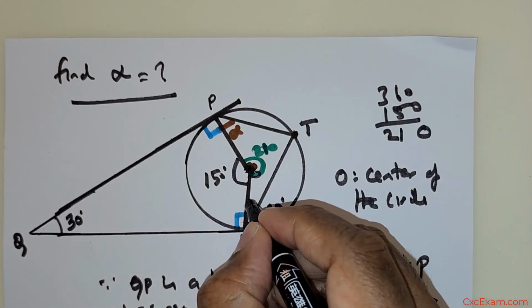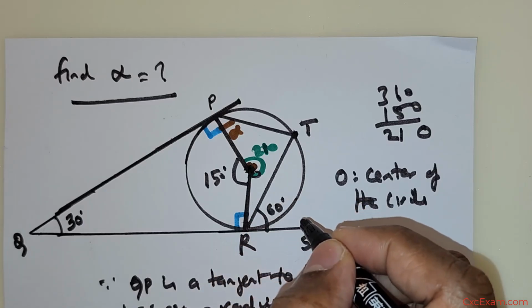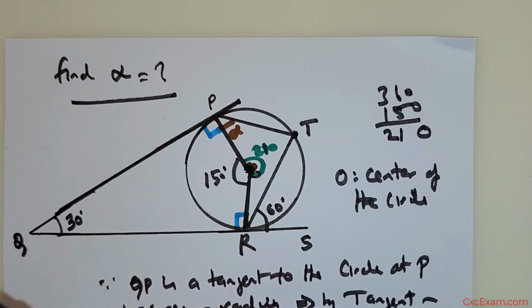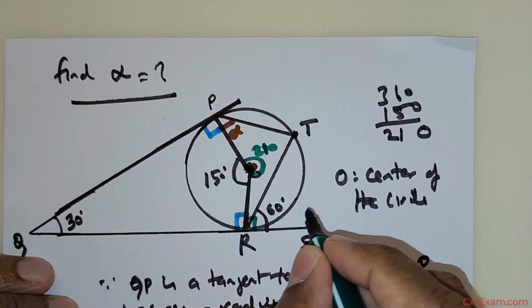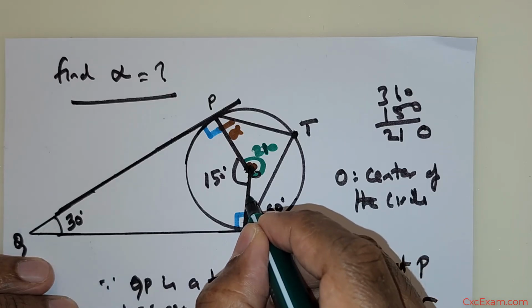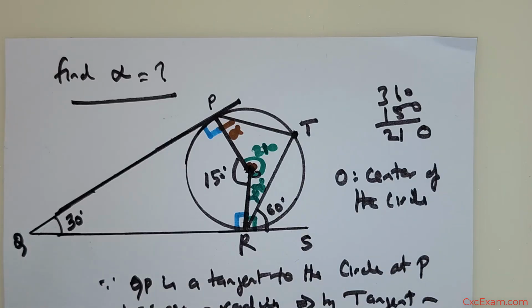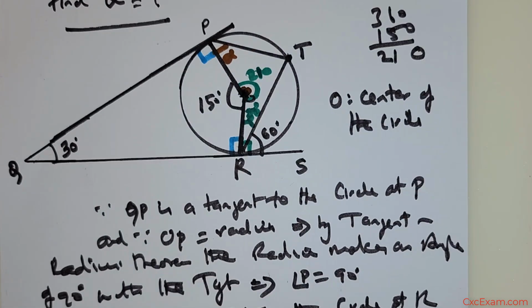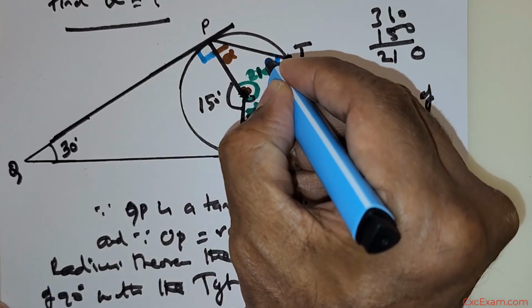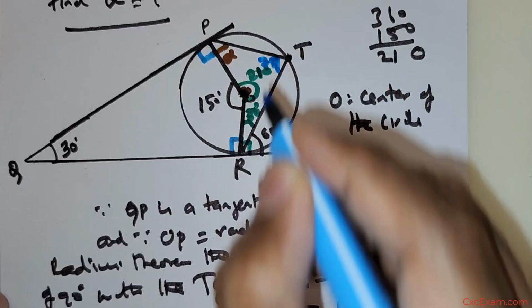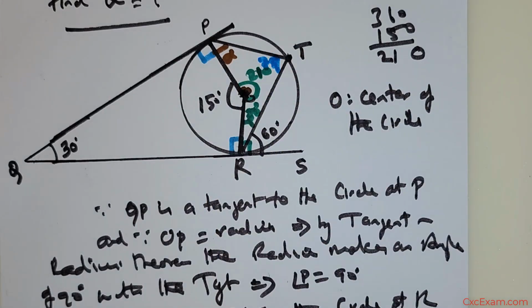Now we need to get this angle. Now this entire angle is 90 degrees, and this is 60 degrees. So naturally this is going to be 30 degrees.